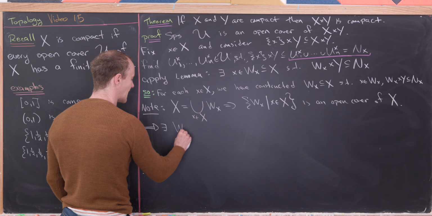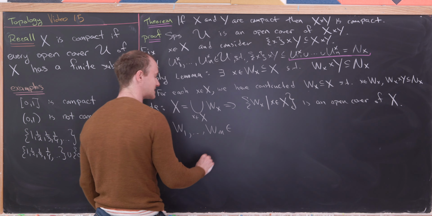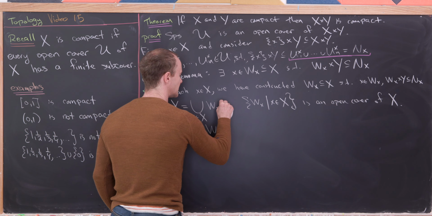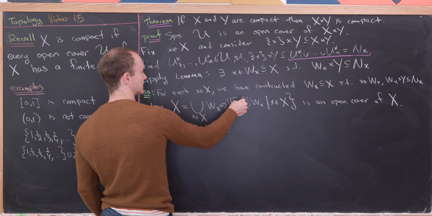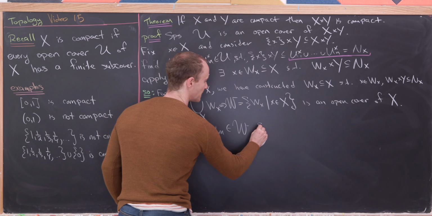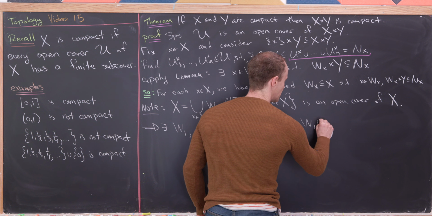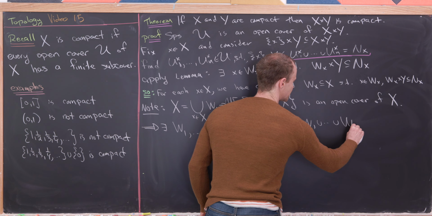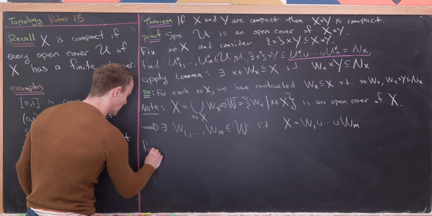I'll do some renaming and call that W sub 1 up to W sub m inside of this collection. Maybe let's give that a name, script W. So inside of this script W, X is equal to W sub 1 unioned all the way up to W sub m. And now, finally, we're ready to go.